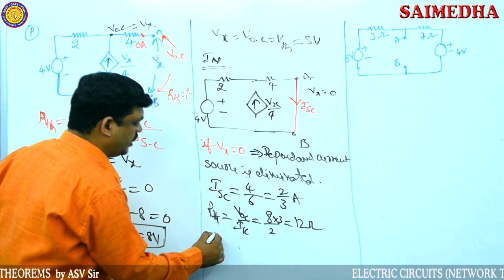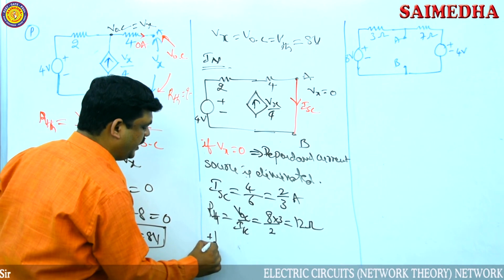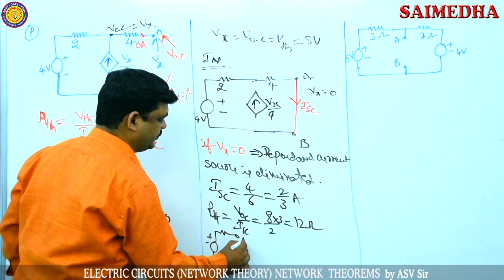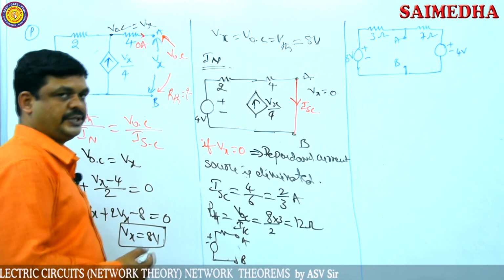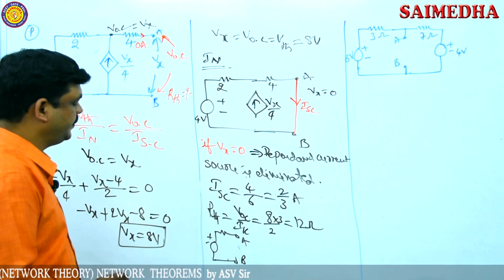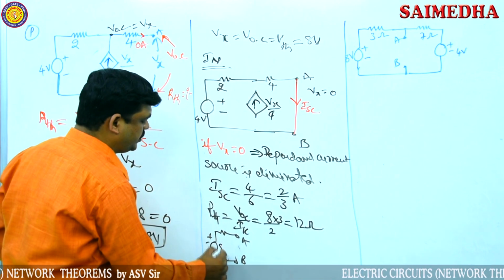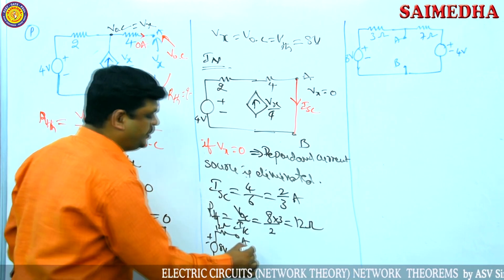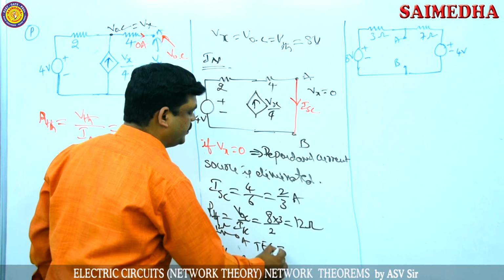Then the Thevenin's equivalent circuit is one voltage source and one resistance, both in series. Thevenin's equivalent voltage is 8 volts. Thevenin's resistance is 12 ohms. This gives the Thevenin's equivalent circuit.